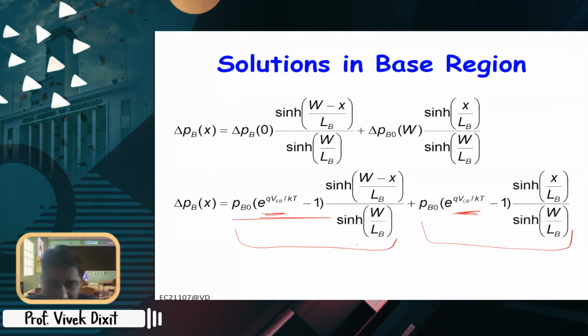So that means at x equal to 0, this is the value. At x equal to W, sinh 0 will become 0, so this will be 0 there. So P will be PB naught, so delta P will be 0 basically, if you don't apply any bias.